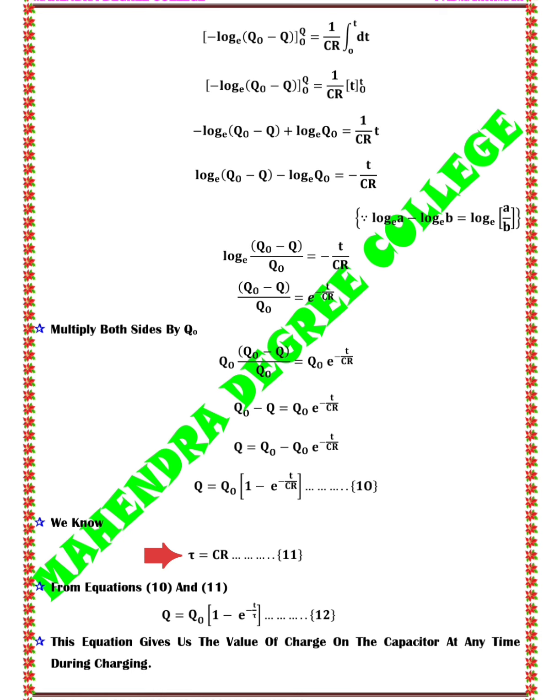The time constant tau tells us how fast the capacitor is charging or discharging.